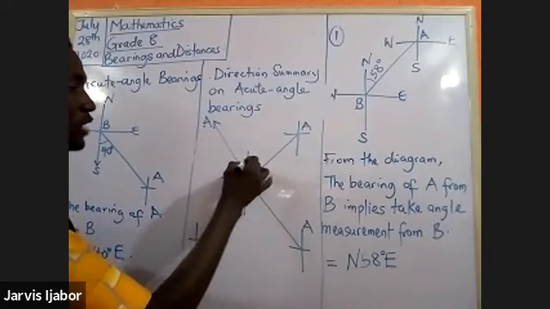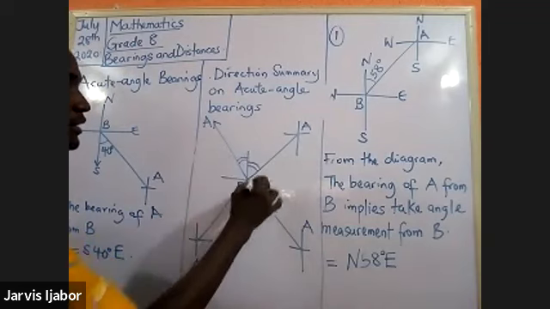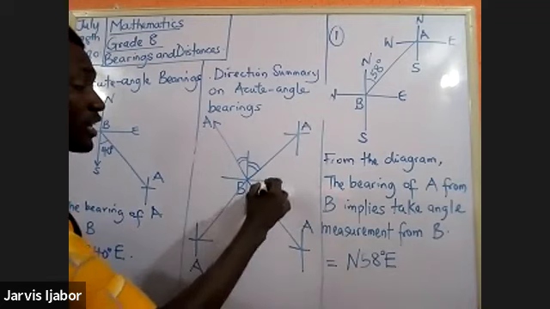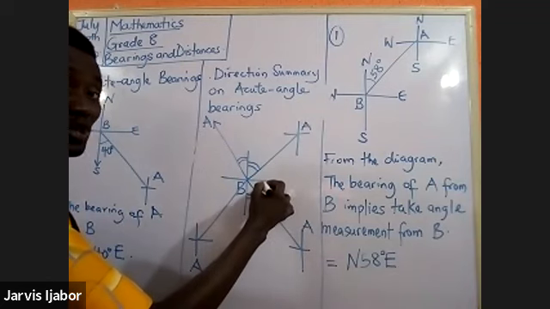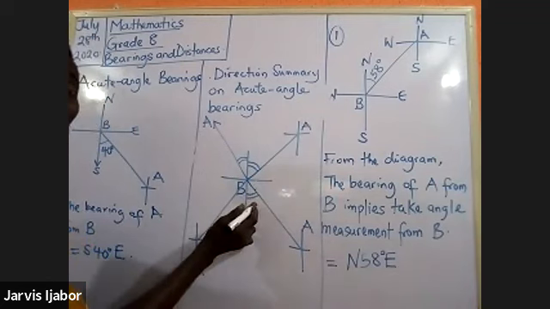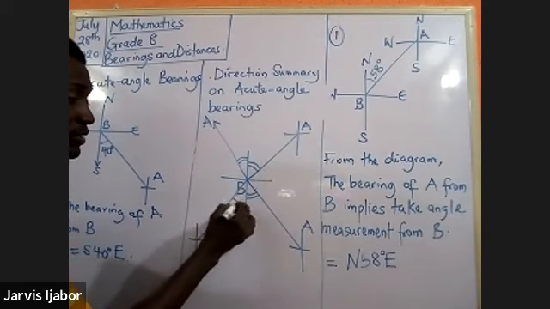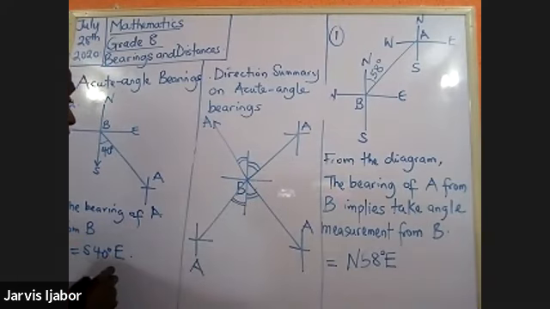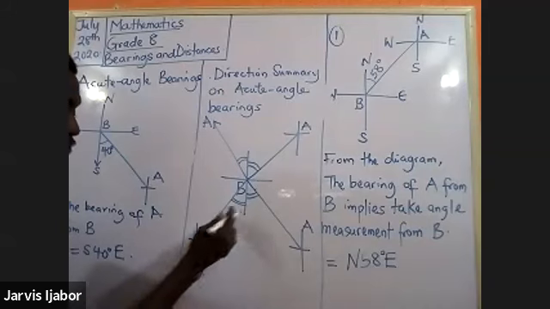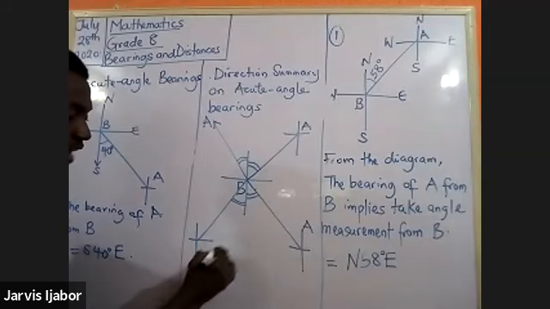These are the angles you are to use. Be very careful about that. So even if they give you the angle here, you need to subtract from 90 to get this one. These are the angles you are supposed to use.